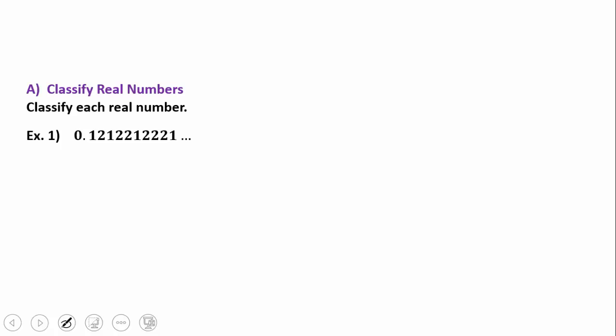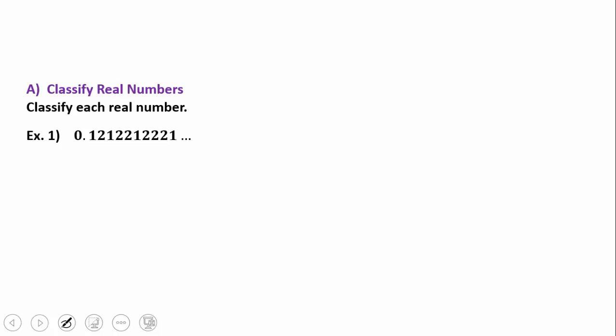So our first one, we have 0.12122, 1 ... Please remember, what do we know about the ellipsis? That's right. Ellipsis means that it goes on forever. It does not terminate, and that's part of the definition for irrational.